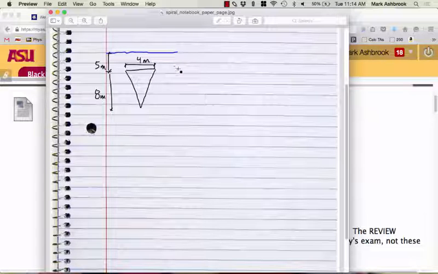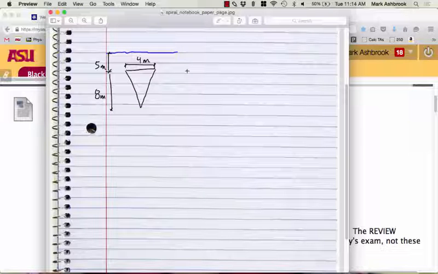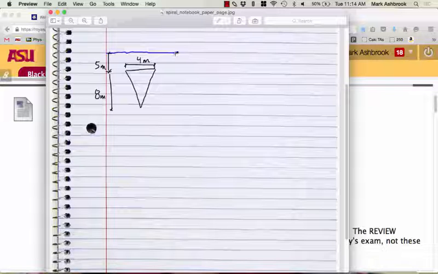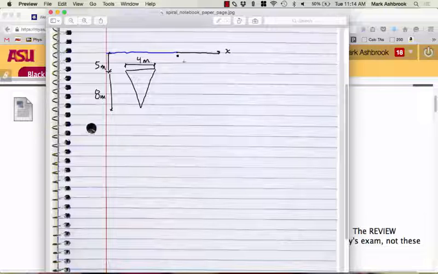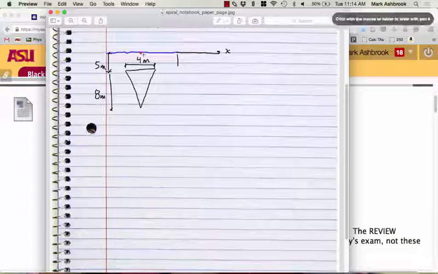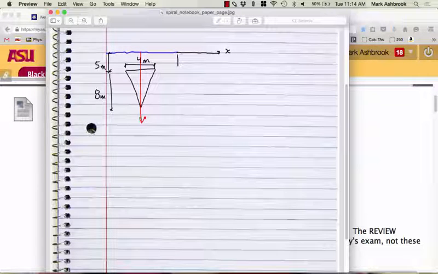I should have given you more direction in terms of the frame of reference. When you do these problems, what I recommend is to make this positive y, so then y is the same as depth.